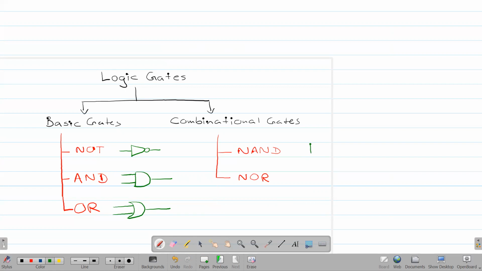The NAND gate is very similar to the AND gate, but there is a small difference.